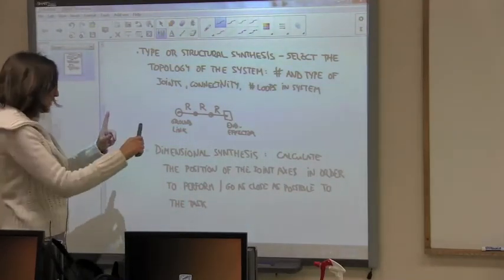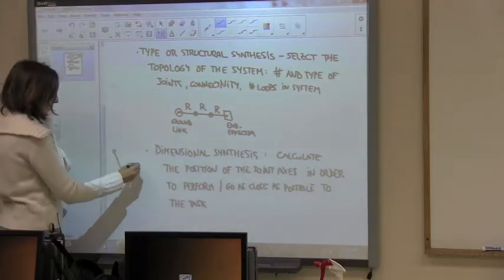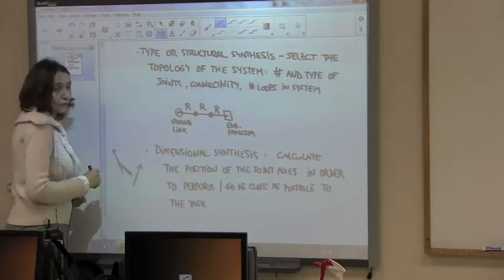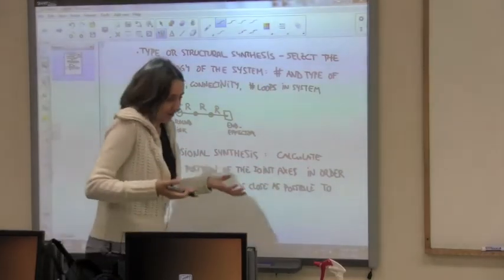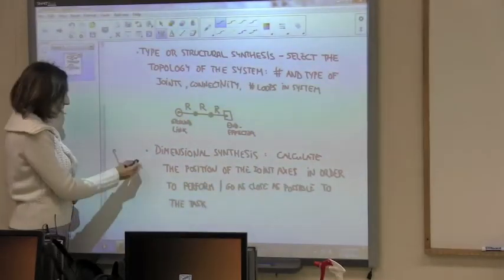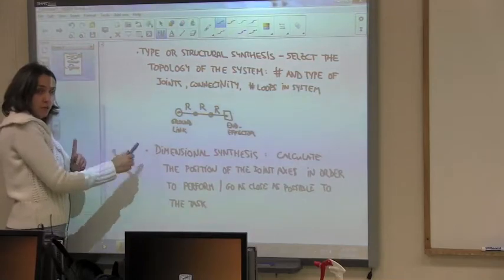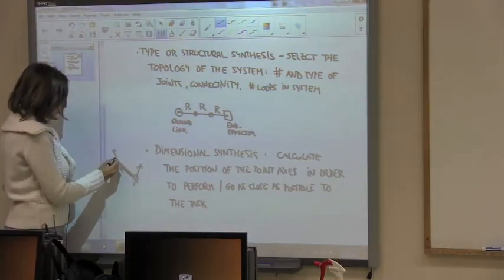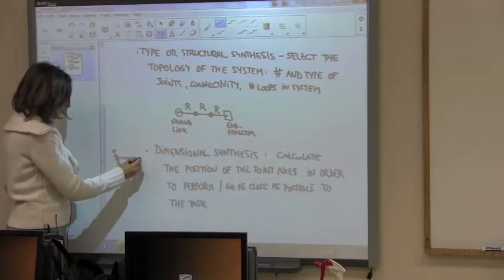Once you know the position of the joint axis, then you know the distance between them, so you know your link. And lately we have been working on the realization, which is quite obvious, but until you start designing, you don't notice that many different links will work, but they will give you the same task. So you can put a link here, or you can put a link here.